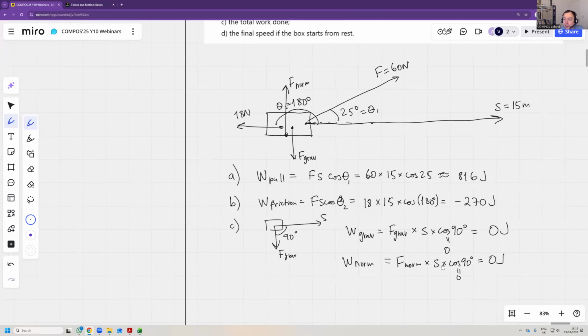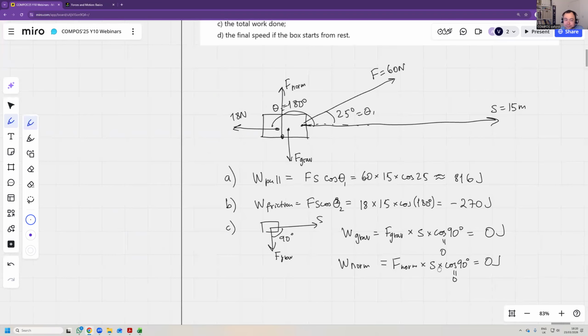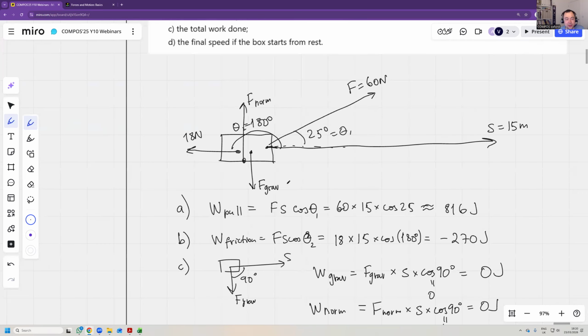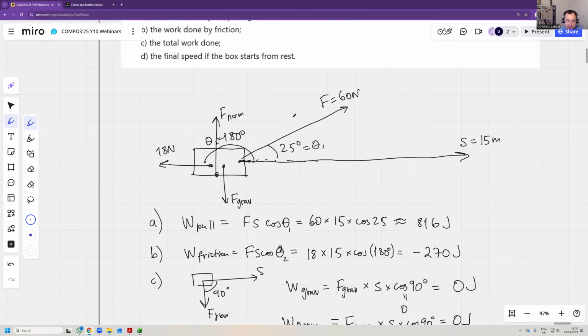Okay, now a question for you. Look at this scenario: if the gravitational force was 100 newtons, would the normal force also be 100 newtons?